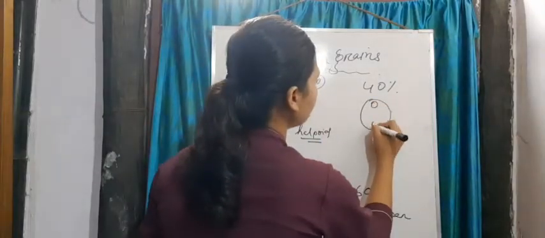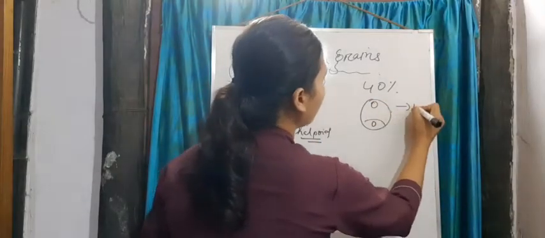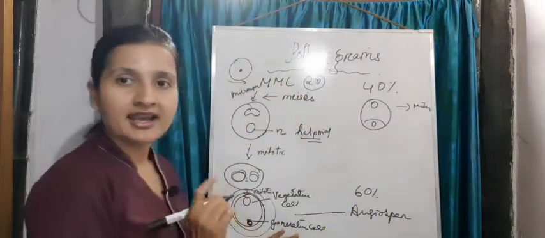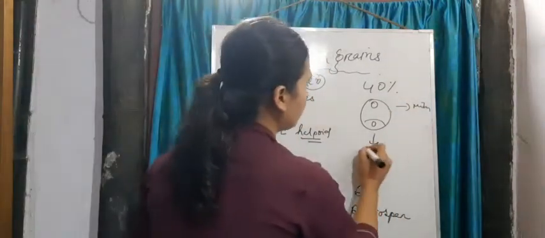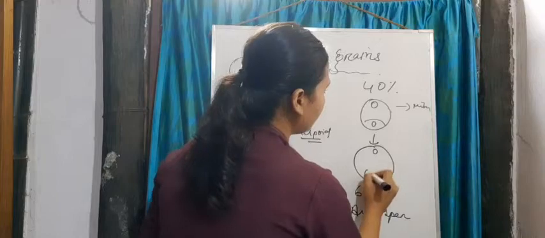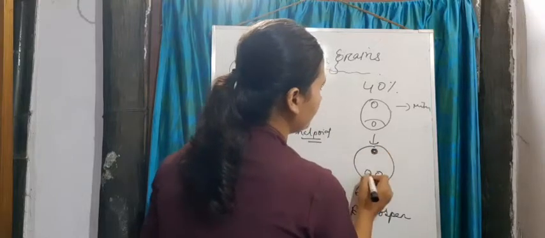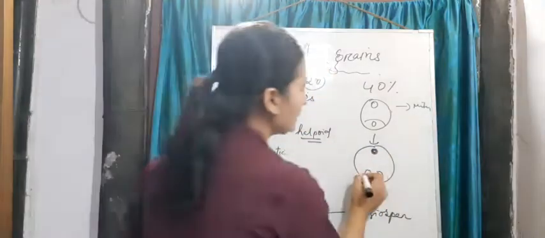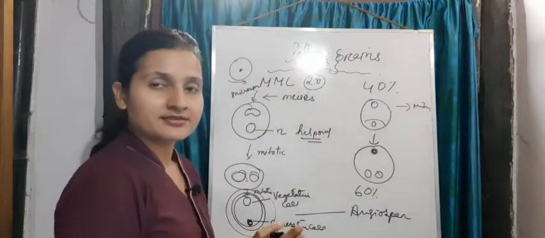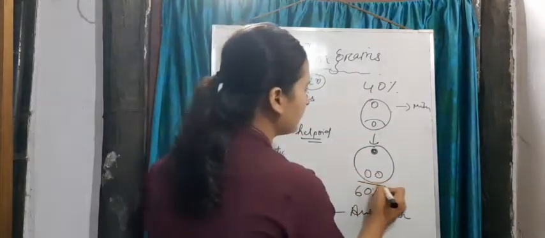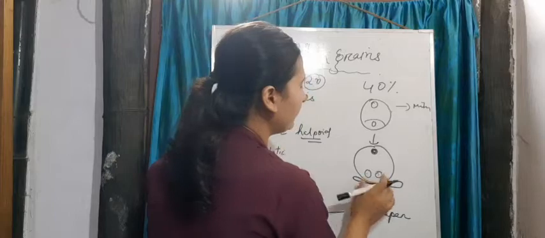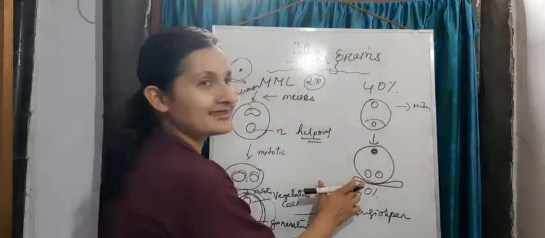Where one is vegetative and one is generative, mitosis takes place again and it gives rise to 2 cells. So in 40%, the pollen grain is developed by this 3-cell stage.